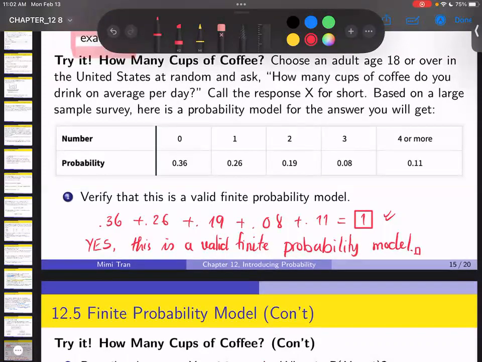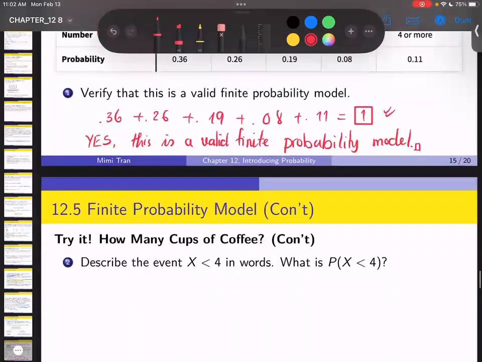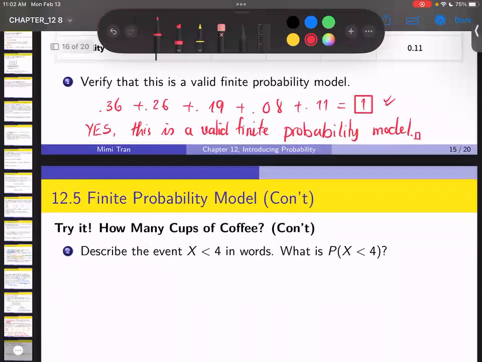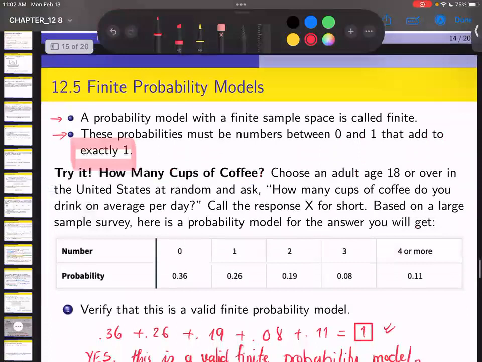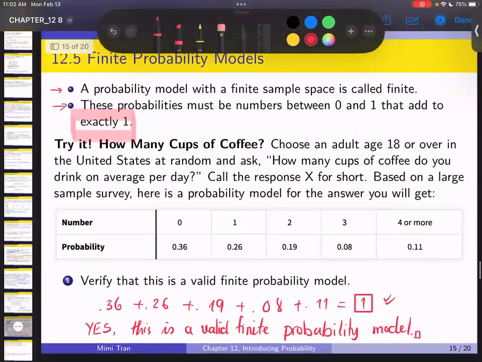Somebody drinks less than 4 cups of coffee per day, right? And that somebody will be who? An American who is age 18 and over.